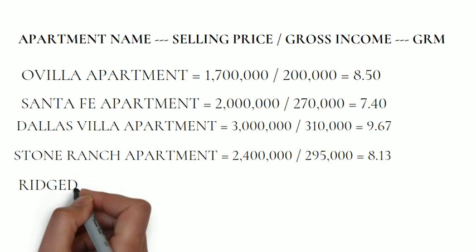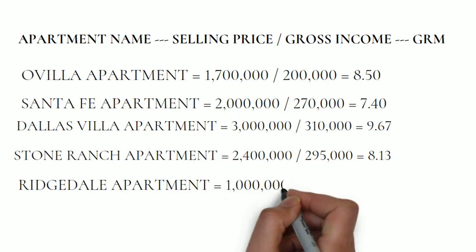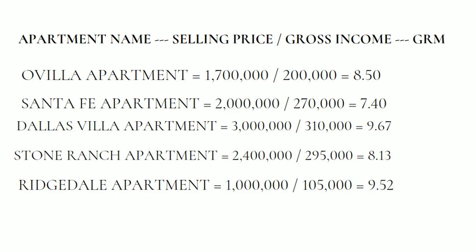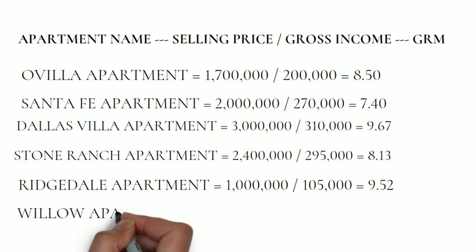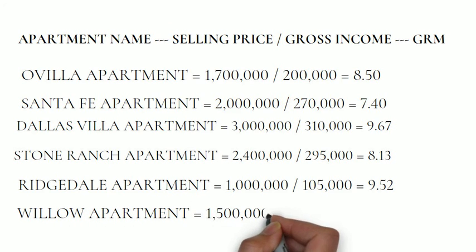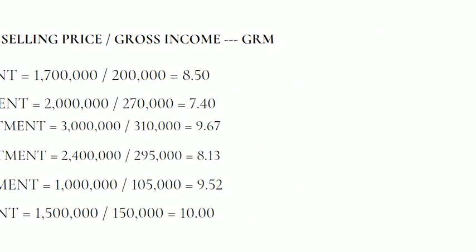Richdale apartment of $1 million divided by $105,000 of gross income gives us 9.52 gross rent multiplier. And Willow apartment, which is the sixth apartment, has 1.5 million selling price and gross income of $150,000, which gives us a gross rent multiplier of 10.